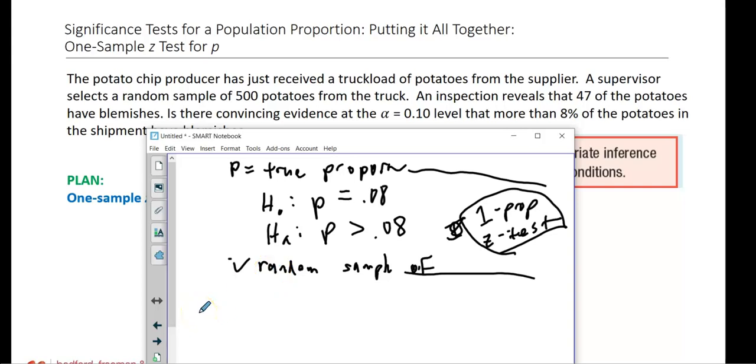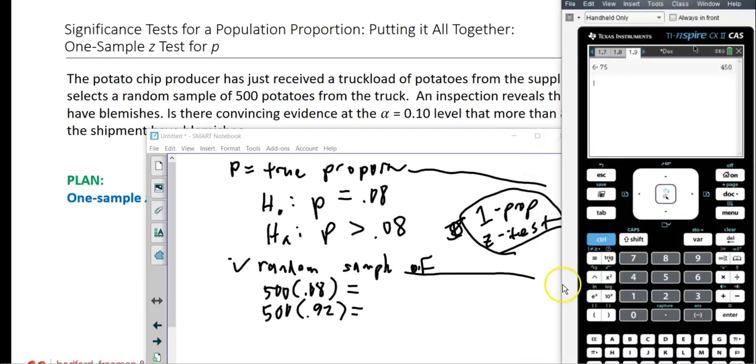So the second condition, or one of the conditions there, is large counts. So let's do n times p, so 500 times 0.08, and then 500 times 0.92. That's going to be p and not p hat there. Let's just do that. I'm not thinking yet this morning.